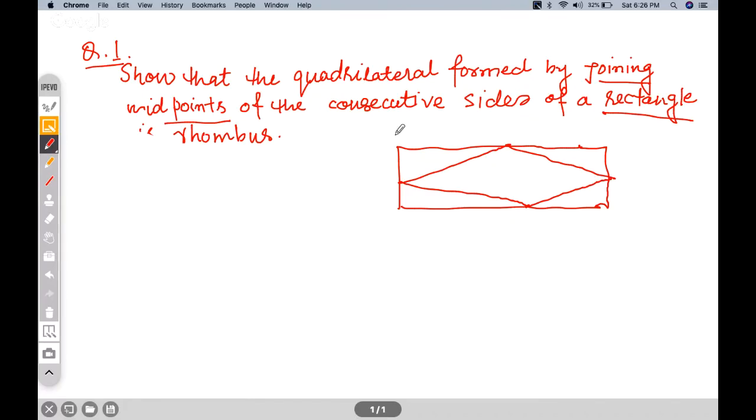And name them A, B, C, D, P, Q, R, S. Now what is a rhombus? All four sides should be equal. That's how you have to do it. Just try to find out. I have already made the diagram.